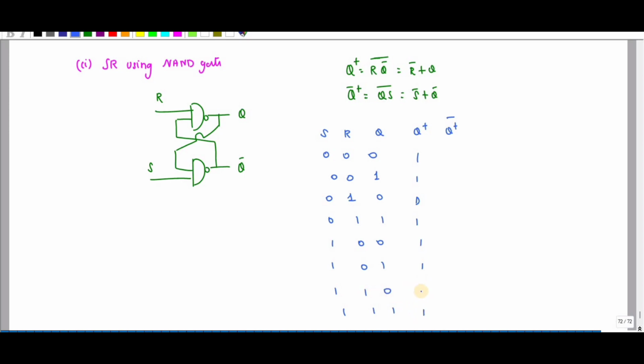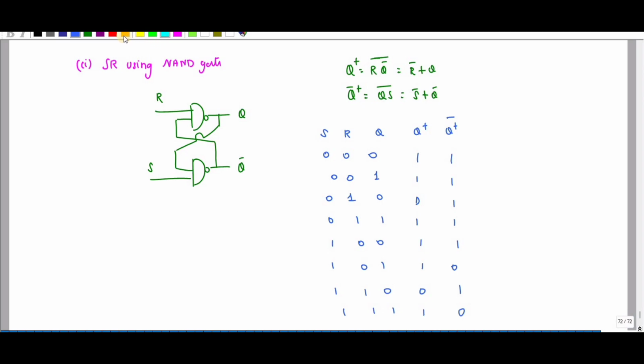So if s is 0 means you will get the output as 1. So when s is 1, q is 0 means you will get the output as 1, right? So 1, this is 0.